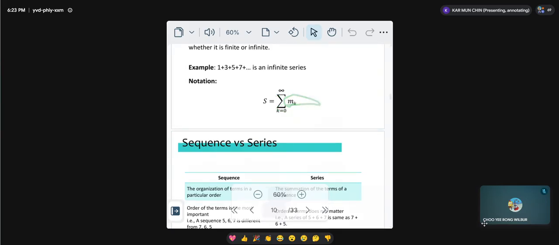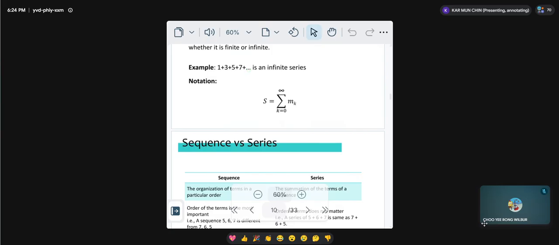The k equals 0 means that we're starting from the first term, and k is the value corresponding to this index. The terms run from the first term to an unknown number of terms. Over here they put an infinity, which means that it is an infinite series.